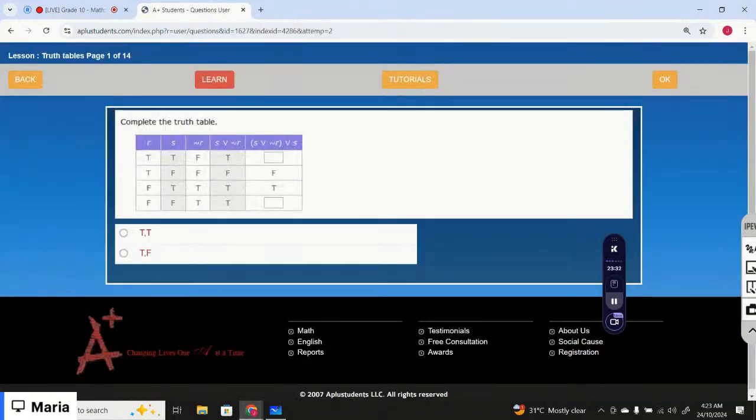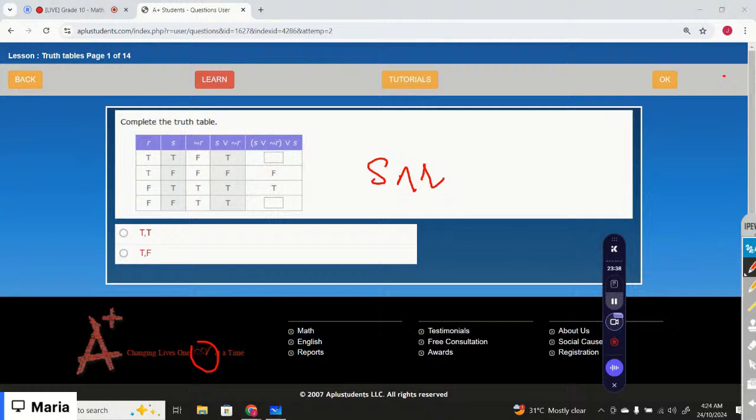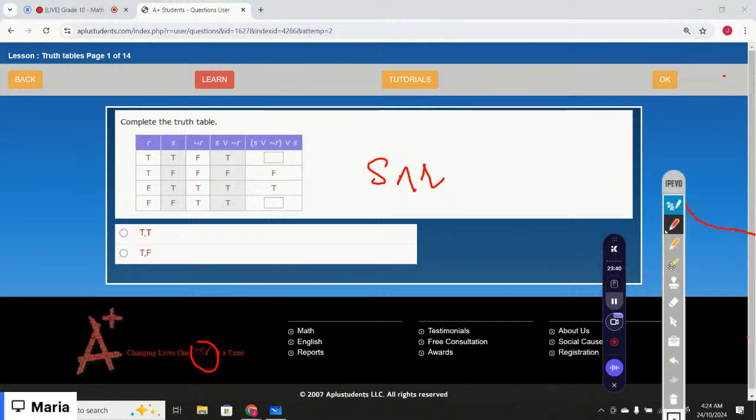Complete the truth table. Okay, let's just understand the table first. That is R, that is S, not R, right? Like negation of R. Then S or negation of R. This one represents or.